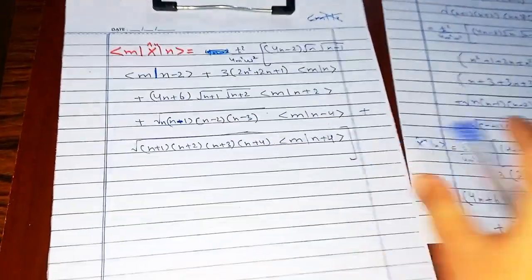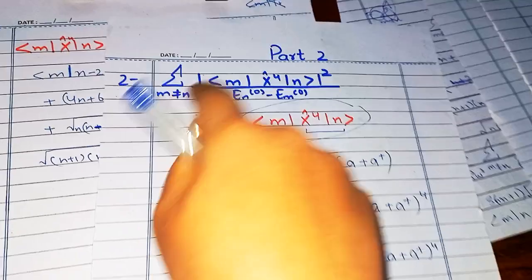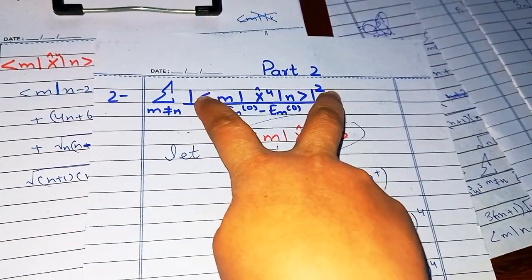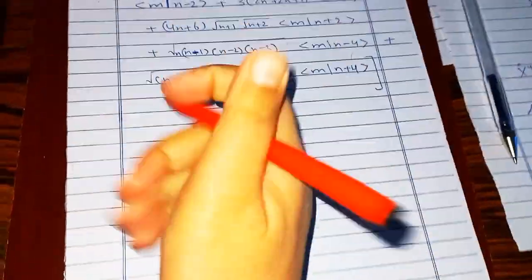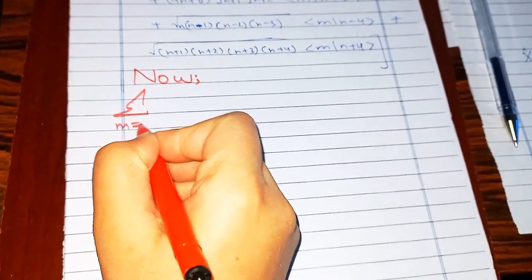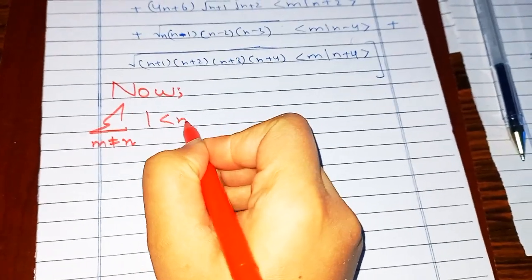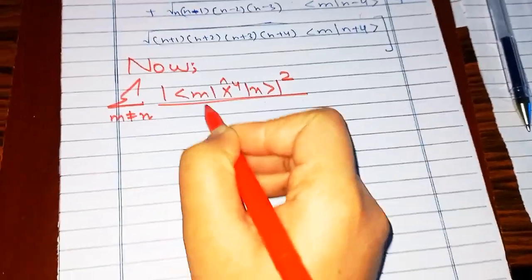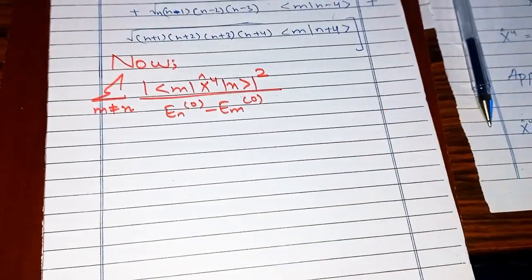Now let's put it into this expression. Let's write this summation and this division sign, and we'll have this whole term and whole square over it, divided by E_n⁰ minus E_m⁰.